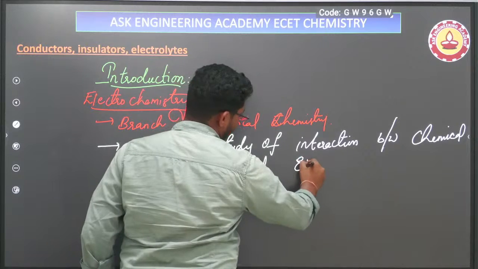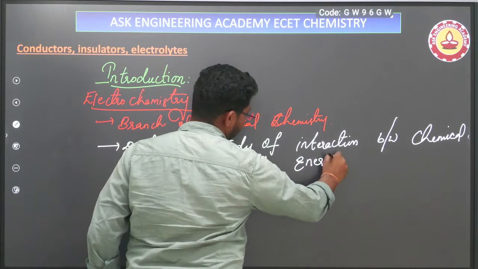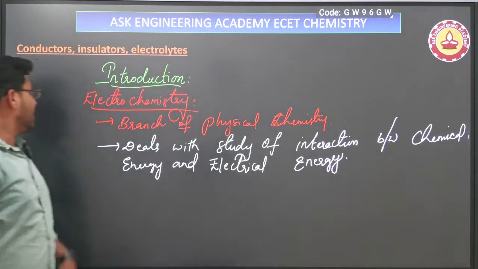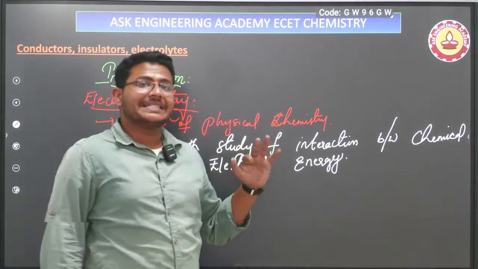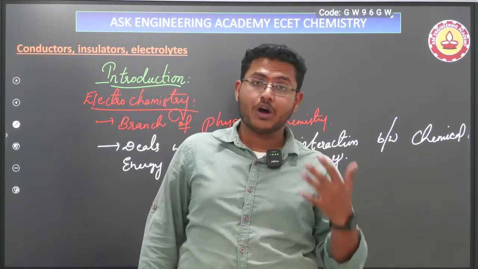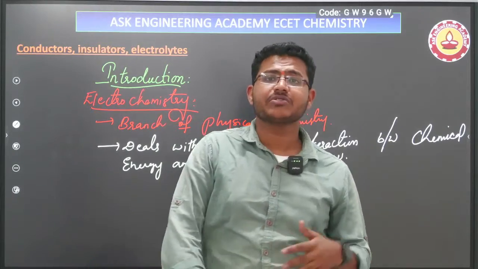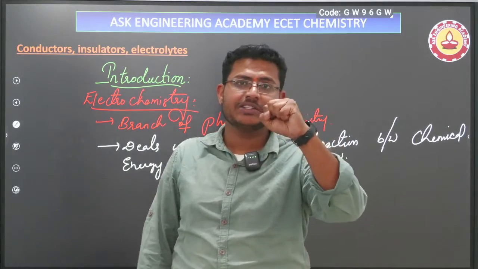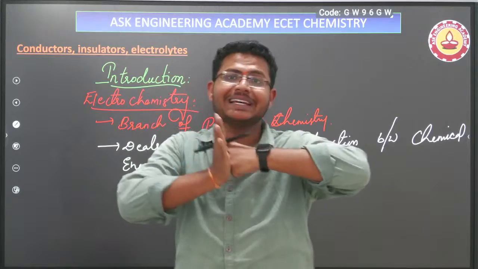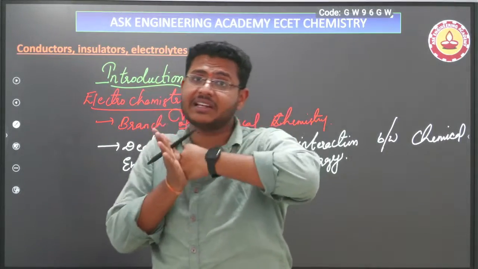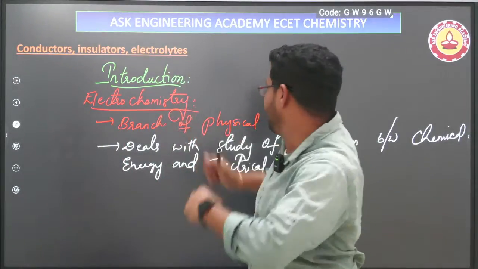Electrochemistry is a branch of science which deals with how chemical energy interacts with electrical energy. We usually study this in electrochemistry.